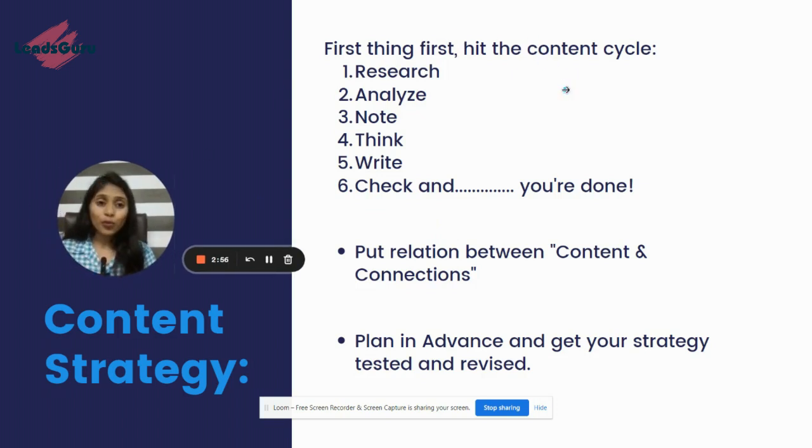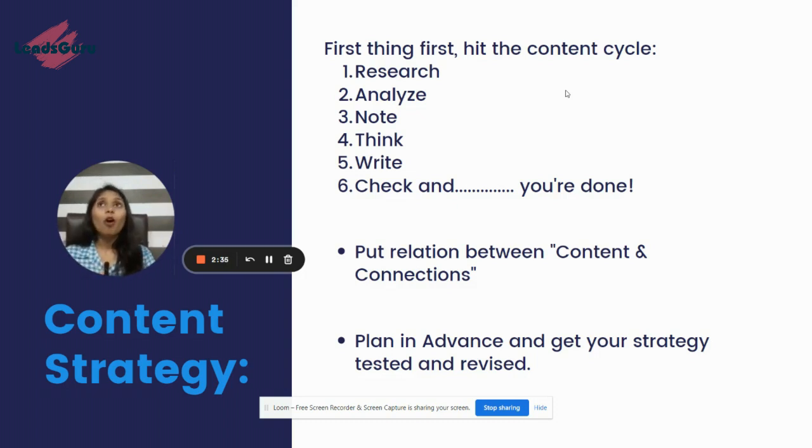First things first, the content cycle. Now what is the content cycle? First you need to understand what exactly is happening and what people are talking about in your industry, in your niche. So what you're going to do is research. Do research, analyze what all you can do.